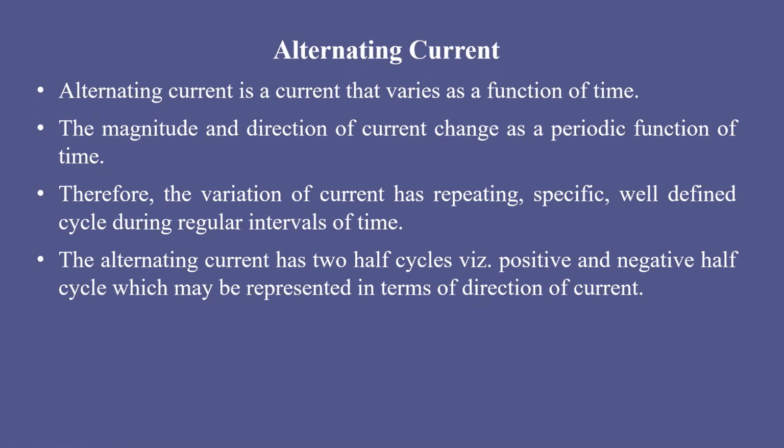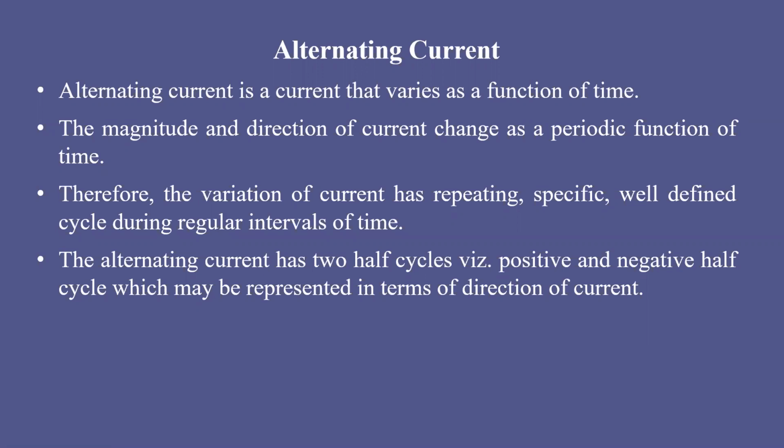So this positive and negative half cycle represent the direction of current. Positive half cycle means it is in a particular direction, in one direction. Negative half cycle represents the opposite direction. So that is how you can understand positive and negative half cycle.